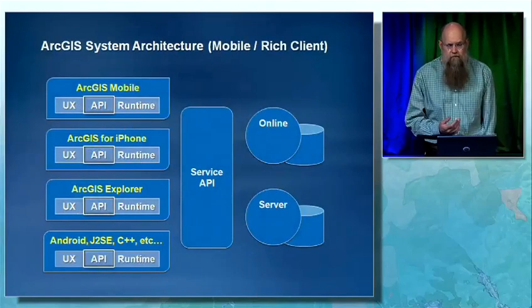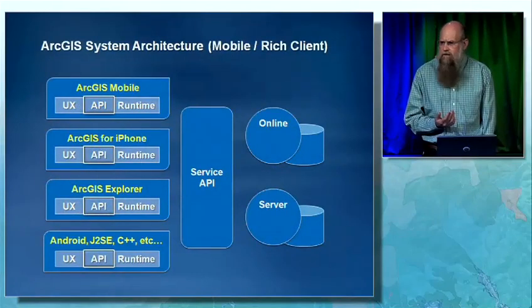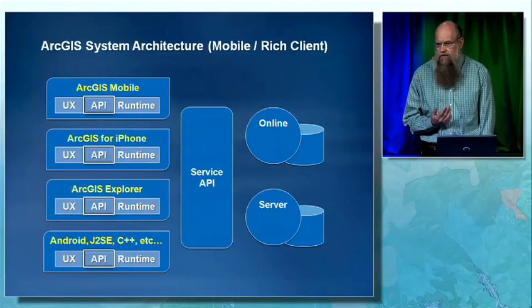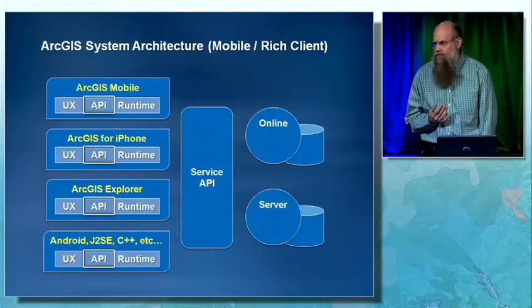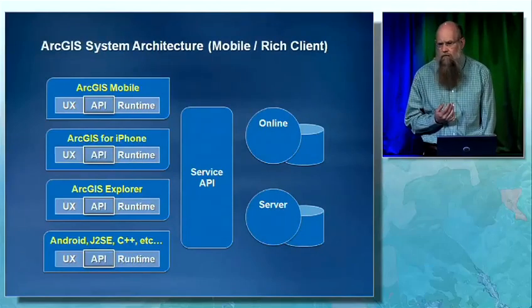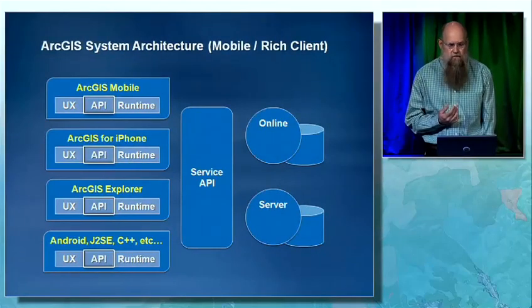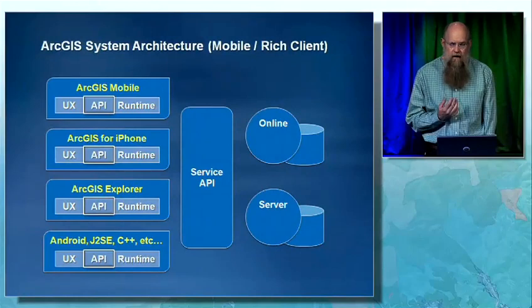The third pattern is very similar to the browser-based or web-based pattern, but it's really where we're going with mobile devices and lightweight GIS clients. In this case, we're building applications that run on Windows Mobile or on the iPhone. These have a user experience. They have an API, a very simple API, similar to the web APIs.